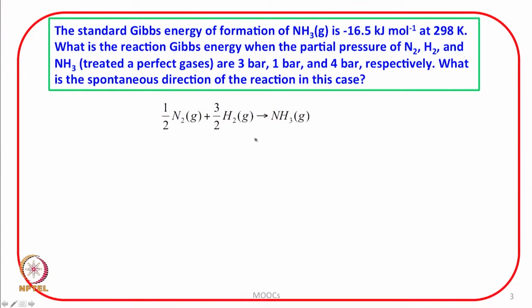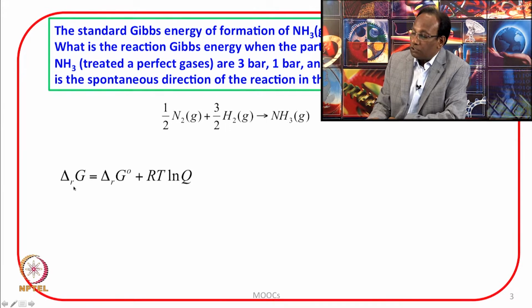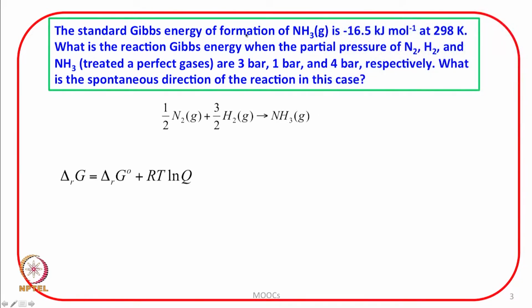This is the given reaction, half nitrogen plus 3/2 hydrogen forming ammonia, and we have discussed that the value of Q is going to decide the value of delta R G, because delta R G naught at a given temperature is constant. That information is given.